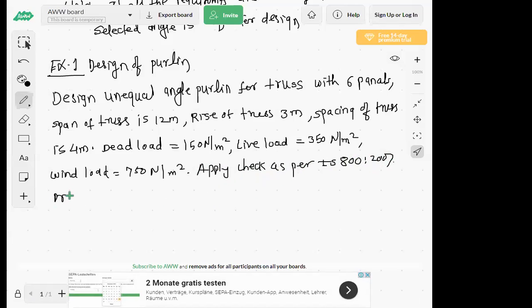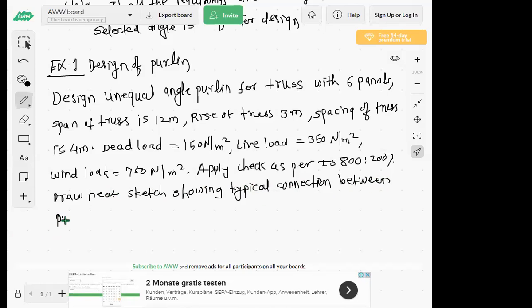Draw a neat sketch showing typical connection between purlin and principal rafter.